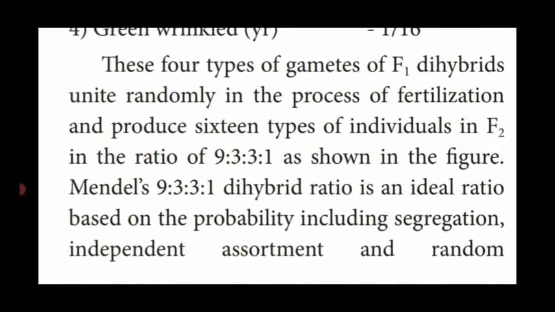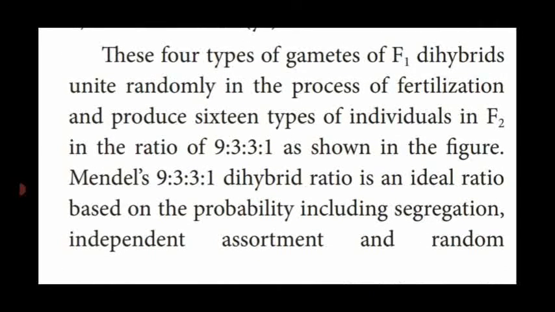See the paragraph. The 4 gametes which are expressed in the F1 generation randomly produce the 16 types of individuals in the F2 generation. The ratio is 9:3:3:1.